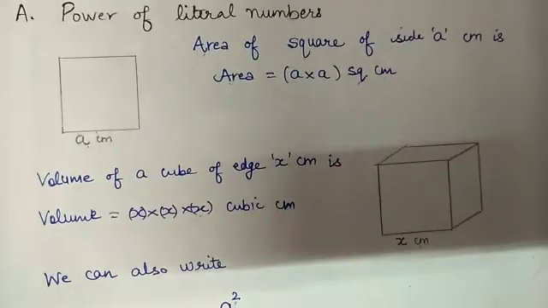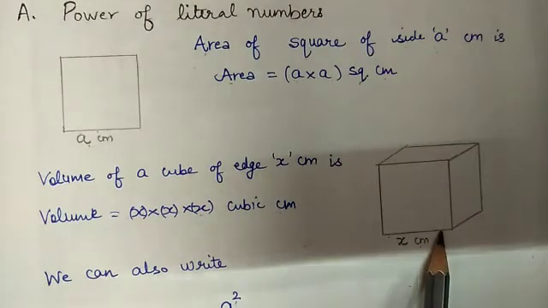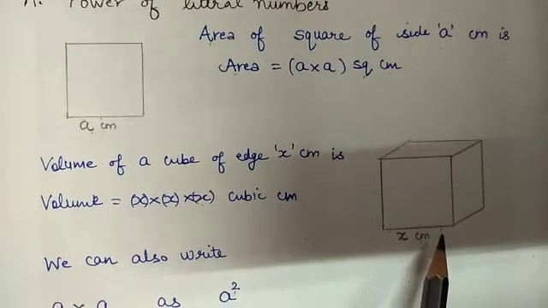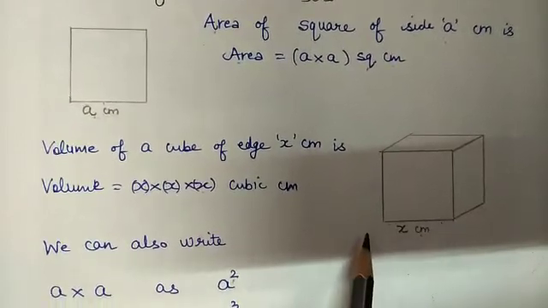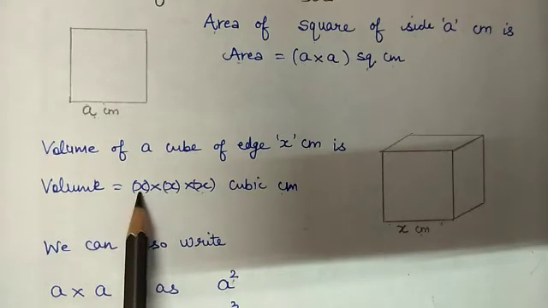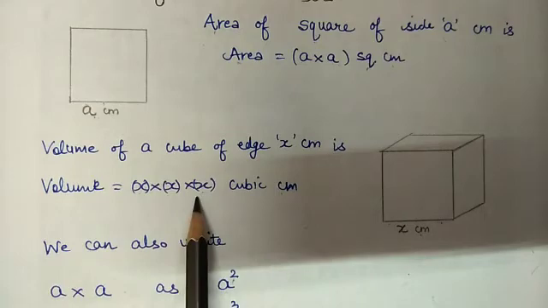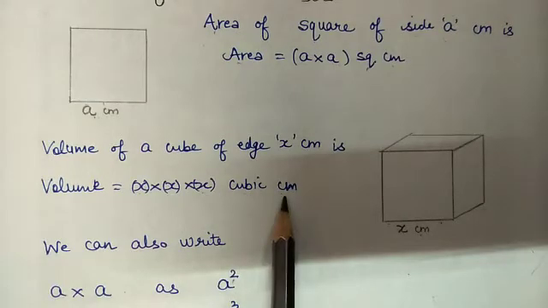Now look at this cube whose each edge is equal to x centimeter. If I want to find the volume of this cube, it will be equal to x multiplied by x multiplied by x cubic centimeter.